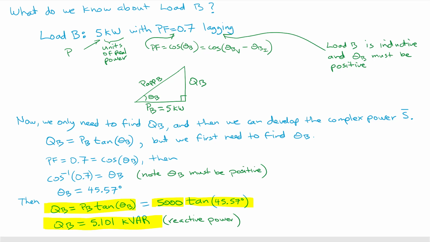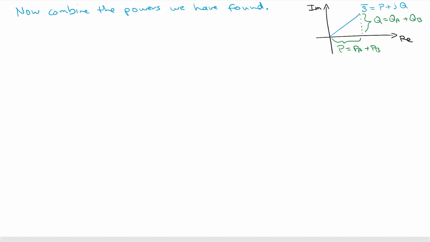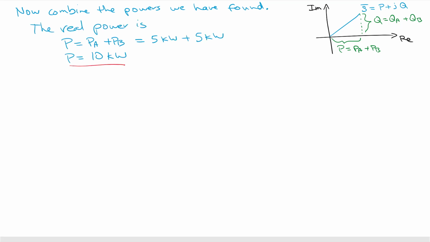So now what's our next step? What have we found? We've found the powers for each of the loads, in terms of real power and reactive power. So for real power, we're going to add up the real powers for load A and load B, and for the reactive power, we're going to add up the reactive powers for load A and load B. Okay, so for real power, we had 5,000 watts plus 5,000 watts is equal to 10,000 watts.